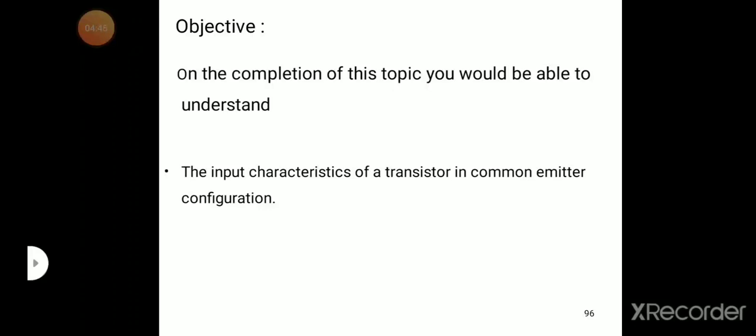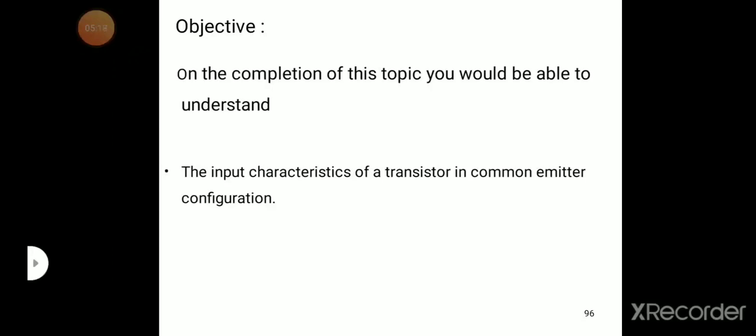The transistor has three terminals, and one terminal should be kept common to the input side and output side. That terminal is nothing but the emitter. The emitter terminal is made common for both the input side and the output side. That is called a common emitter.